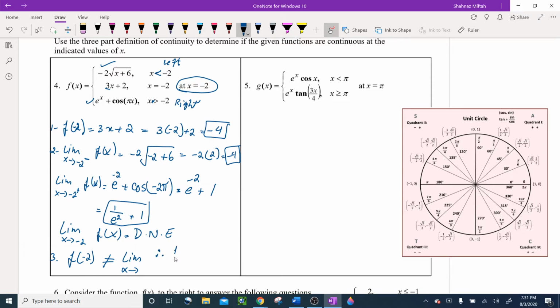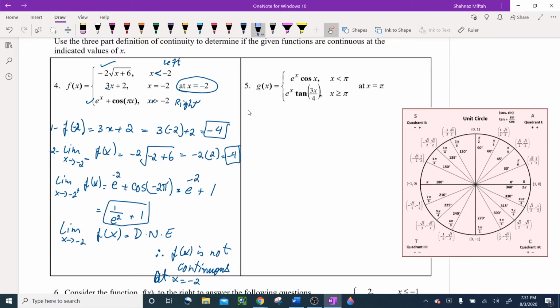F of x is not continuous at x equal negative 2. I don't have to give them the third condition because if the limit doesn't exist, then what's the point? Okay, let's try question number 5.